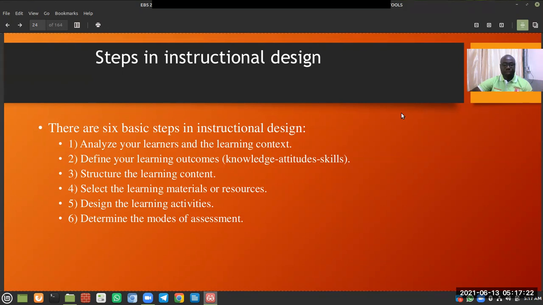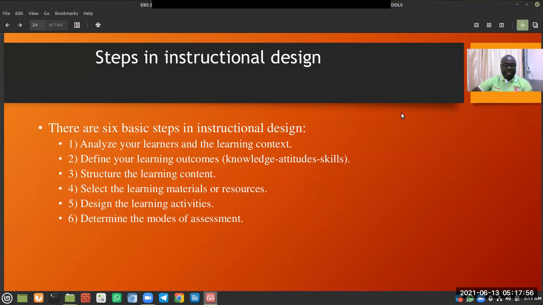You structure your learning content in such a way that it moves the instructional period towards achievement of those learning outcomes. It helps in the sense that you do not find yourself, whenever there is the excitement in the delivery of the lesson, moving away from what you would have wanted to achieve.